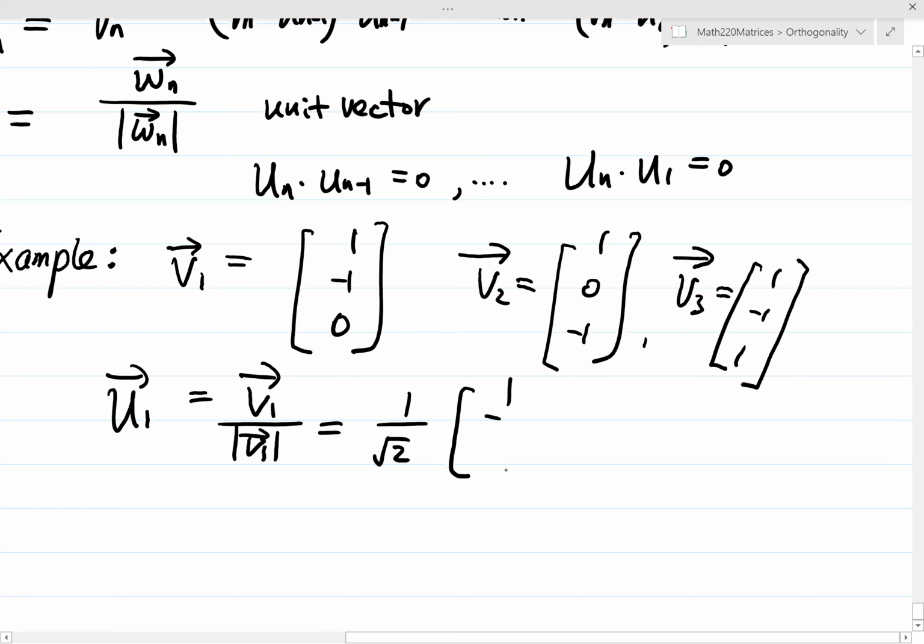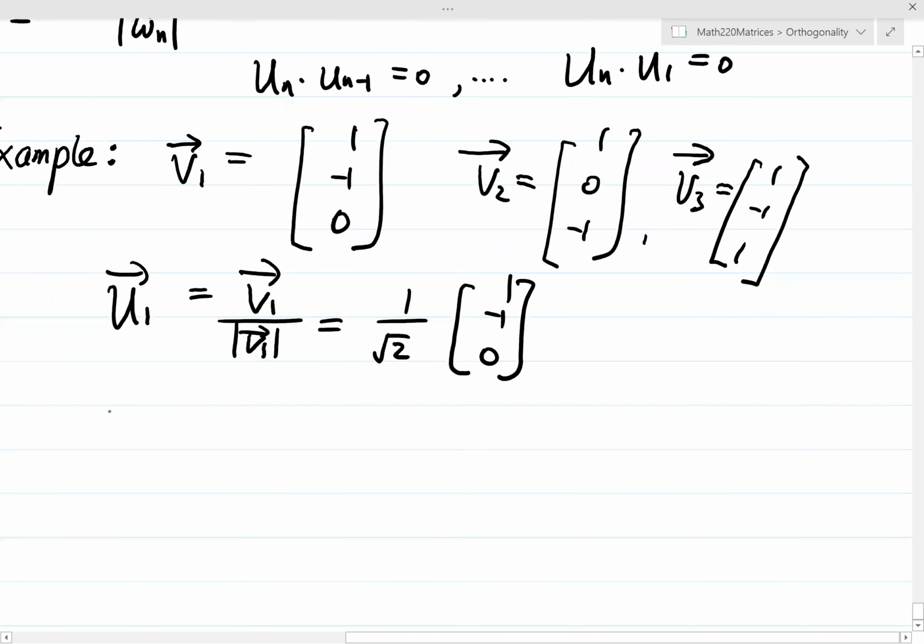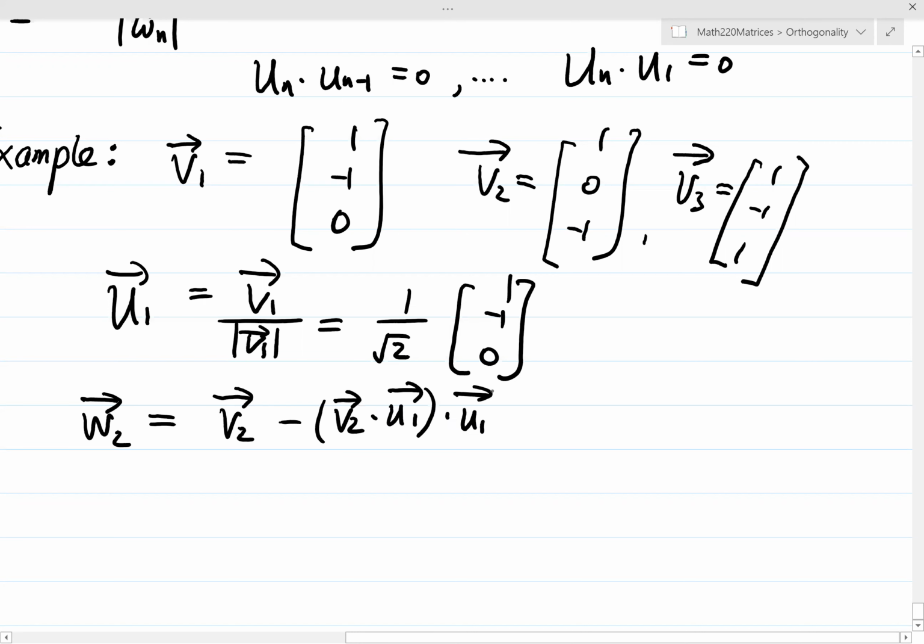Now W2 will be V2 subtract the dot product of V2 and U1 times U1. So you can work out the V2 and U1 dot product. You can write down the components.